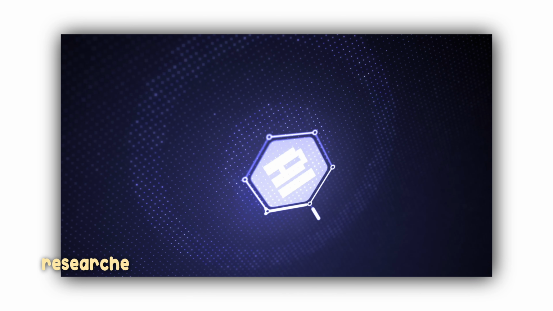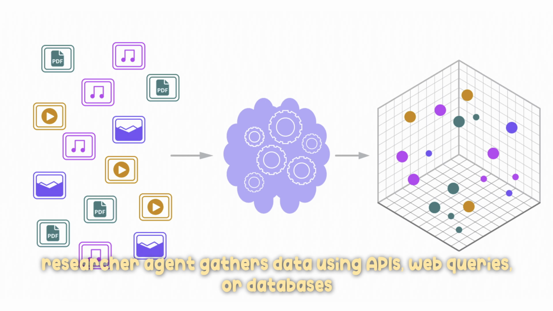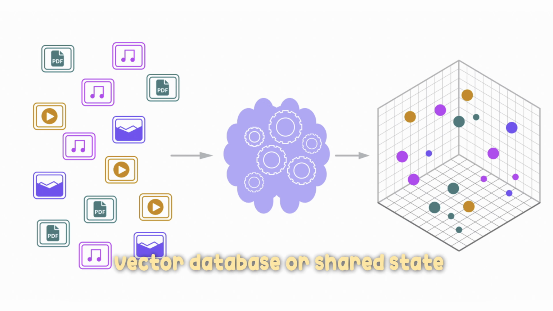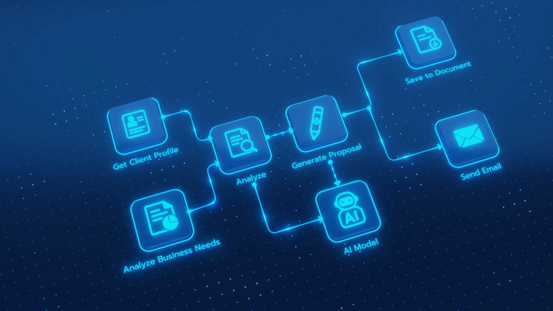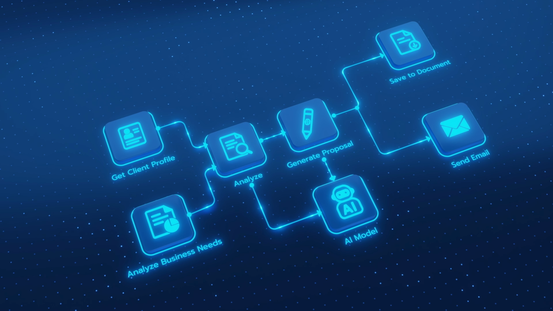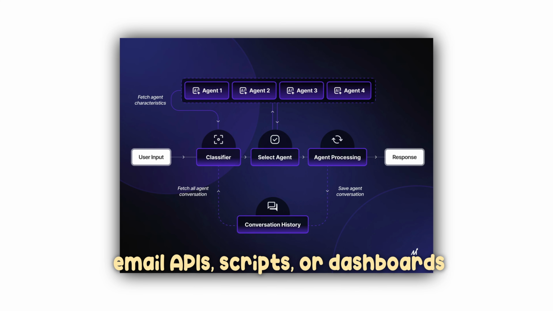This works like a coordinated system of specialized agents connected through shared memory and messaging. The researcher agent gathers data using APIs, web queries, or databases and stores the results in a common workspace, like a vector database or shared state. The planner agent reads that data, breaks the main goal into smaller tasks, and decides the sequence of actions. The executor agent then uses tools like email APIs, scripts, or dashboards to carry out those tasks.